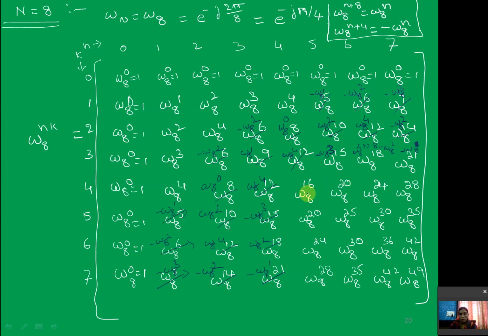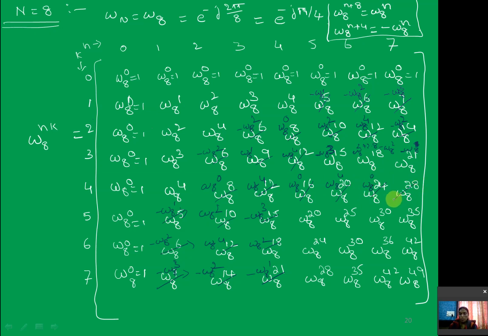Now coming to W8 power 16. That means 0 plus 16, W8 power 0 plus 2 into 8, which is equal to W8 power 0. Now this one, W8 power 4 plus 16. 3 8s are 24, W8 power 0 plus 3 into 8, that means W8 power 0.